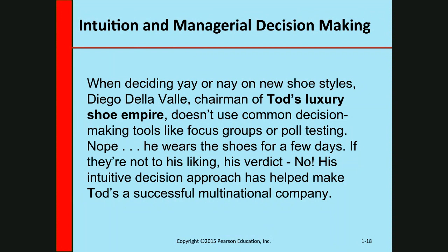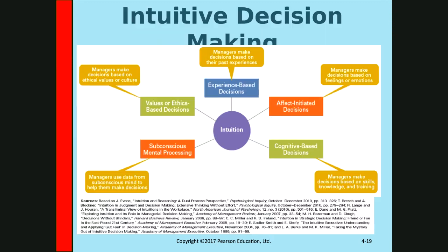So this is basically intuition. This is the third approach. The first one is rational, the second one is bounded, and the last one is intuitive decision making. For intuitive decision making, these are the few sources of what intuition is.